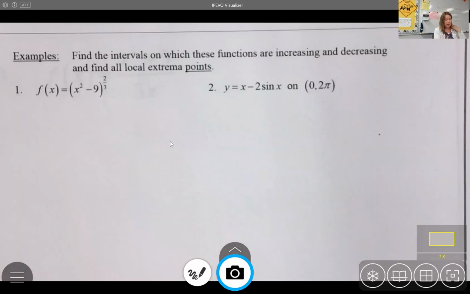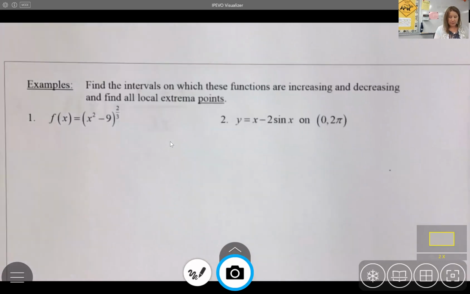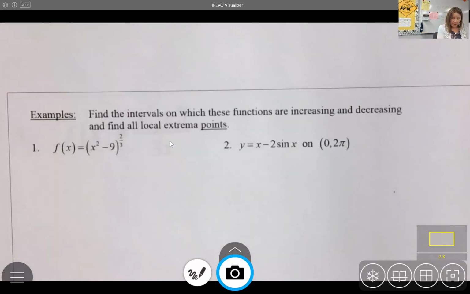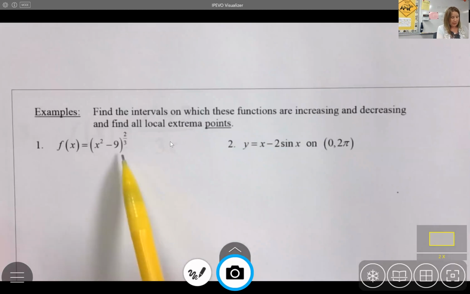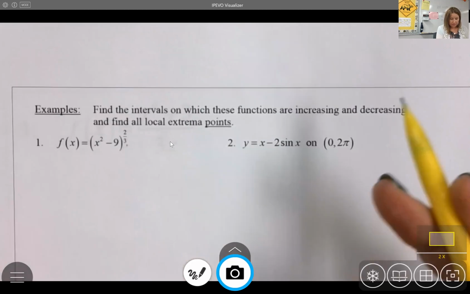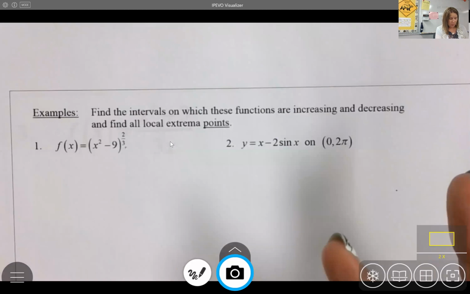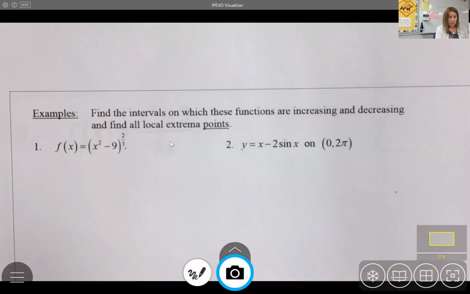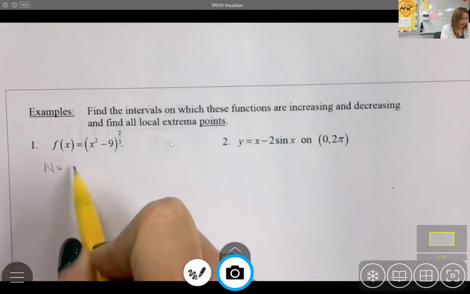Let's start by finding our domain restrictions. This is to the 2/3 power, so I'm looking at a cube root. Do I have any domain restrictions? We don't. So I'm going to write no domain restrictions so that you know I looked at that.